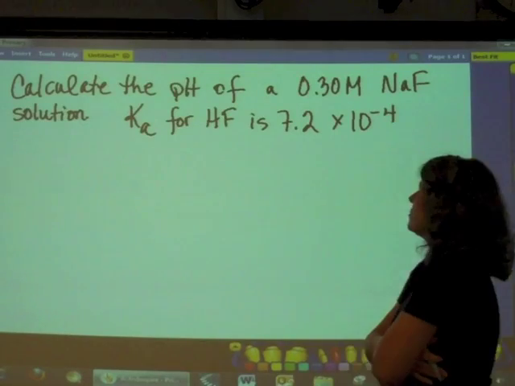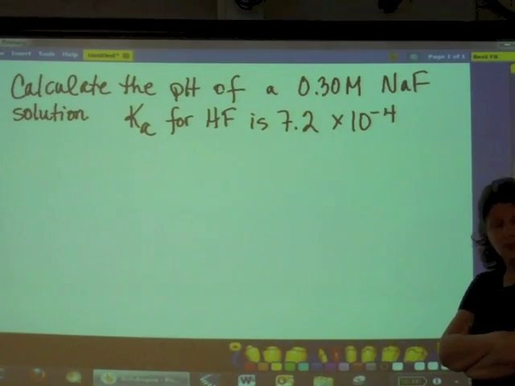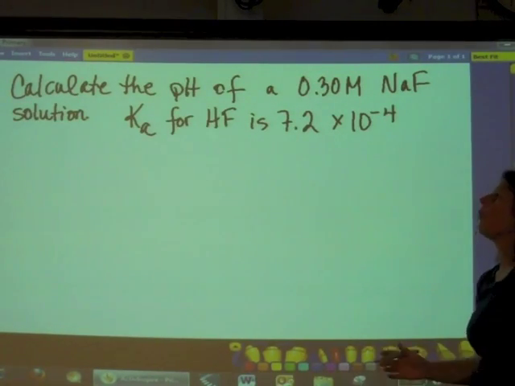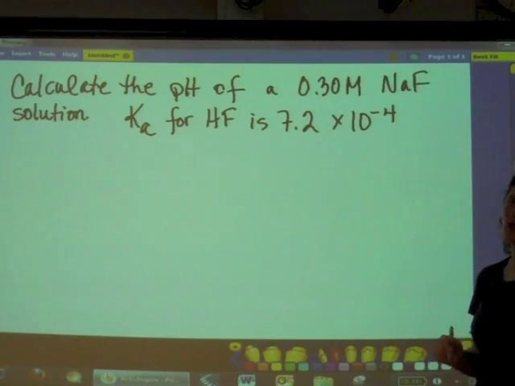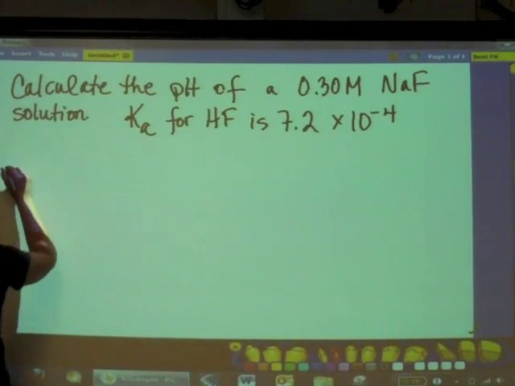Okay, so the first thing that we need to do with the salt problem, and it's really important with the salt problem, is what is in solution? What are the major species that are in solution here? So, major species.